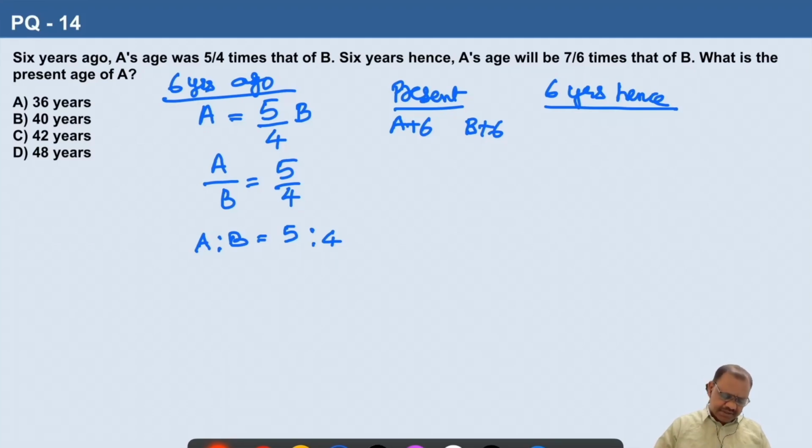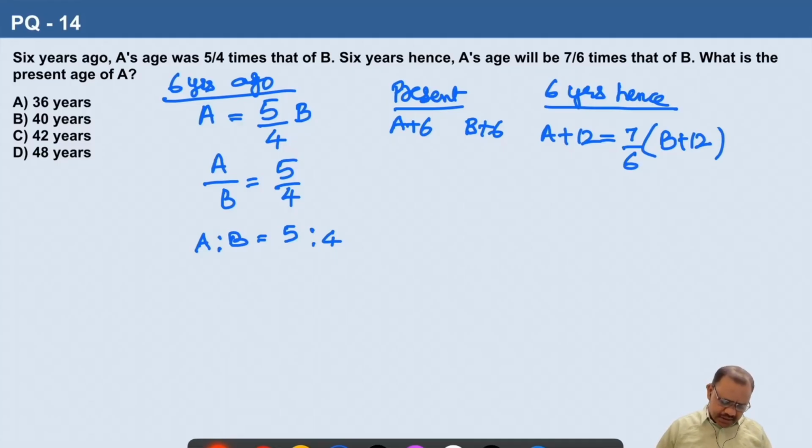So that becomes A plus 12 and B plus 12. So what is the ratio at that time? 6 years hence, A's age will be 7 by 6 times that of B.